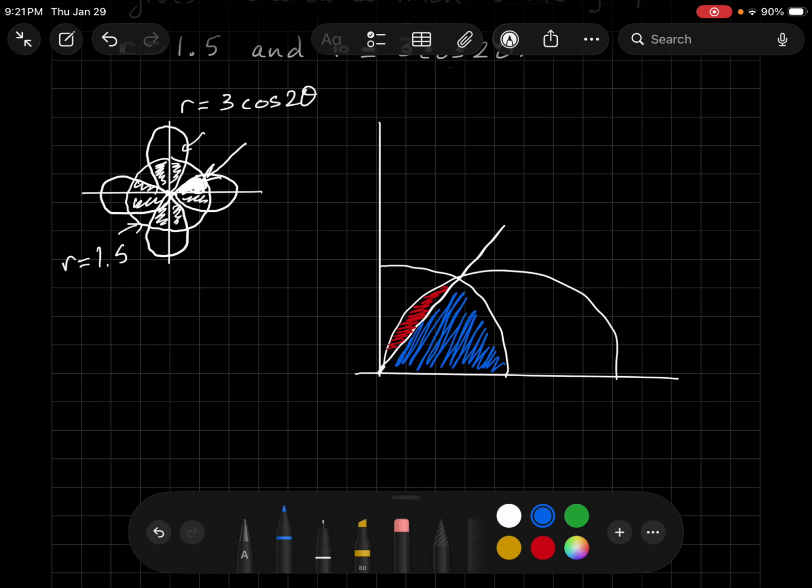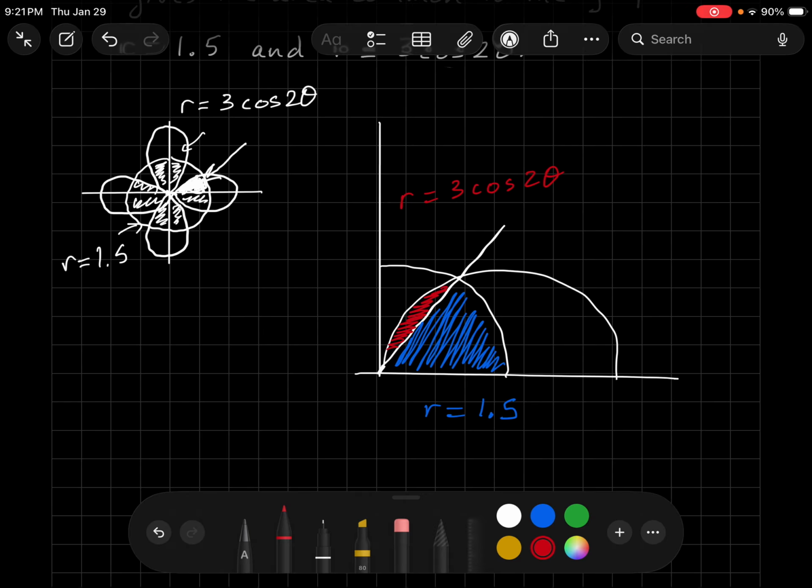And if you look really carefully, I can find the blue portion using the graph r equals 1.5 only, as a portion of that graph. And the red part, I could find that area by using the graph r equals 3 cosine 2 theta only.